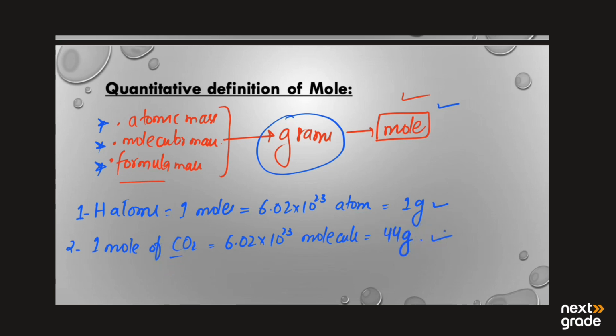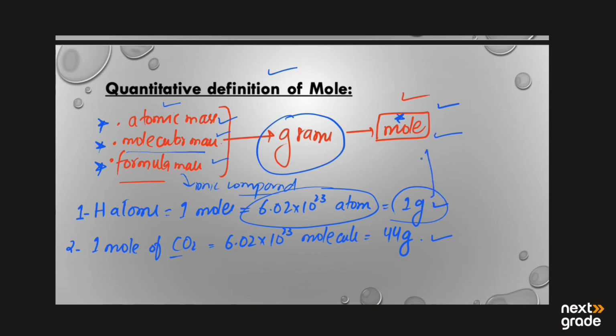So this is the quantitative definition of mole: when the atomic mass, molecular mass, or formula mass is expressed in grams, it is a mole. Atomic mass is the mass of an atom, molecular mass is the mass of molecules, and formula mass is for ionic compounds. A mole has 6.02 × 10^23 particles, so the mass in grams is related to the mole of a substance.